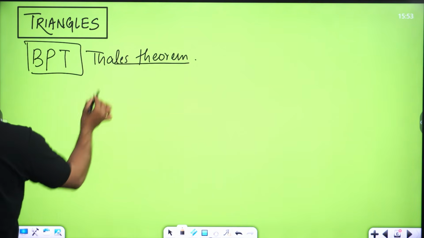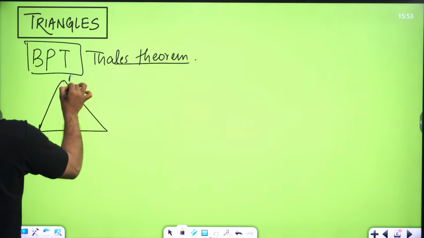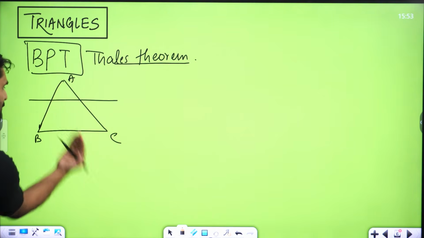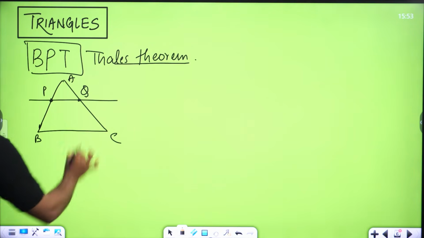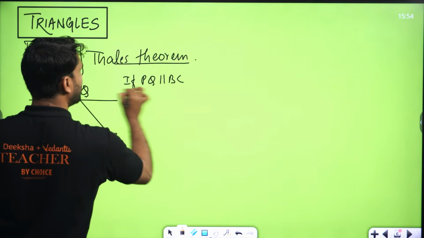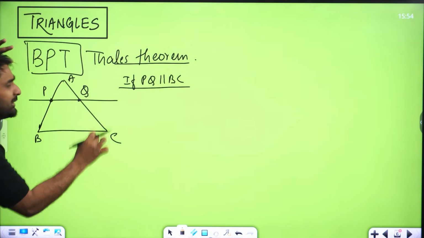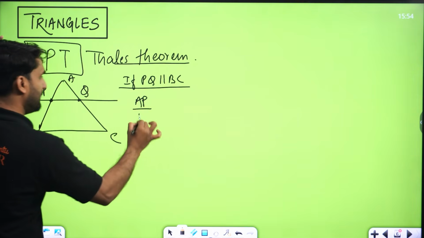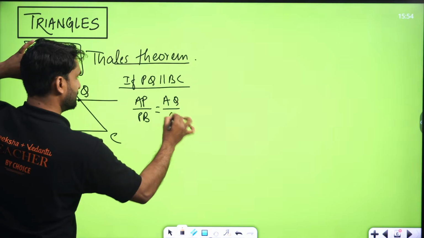Thales theorem says that in any triangle, like this is triangle ABC, if we draw a line parallel to any one side of the triangle, like this is PQ, and PQ is parallel to BC, then PQ divides the other two sides in the same ratio. So AP by PB will be equal to AQ by QC.